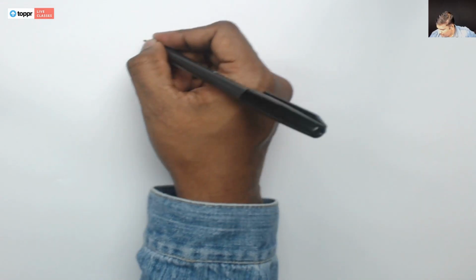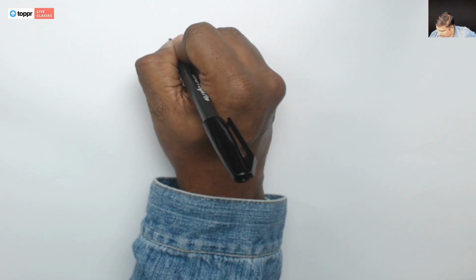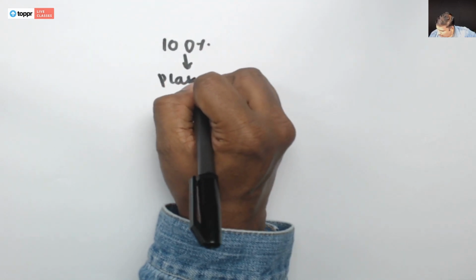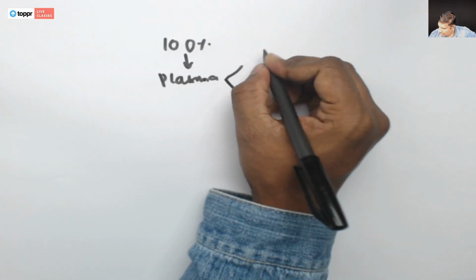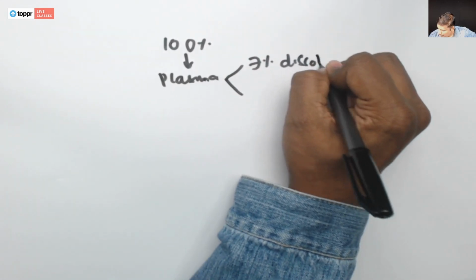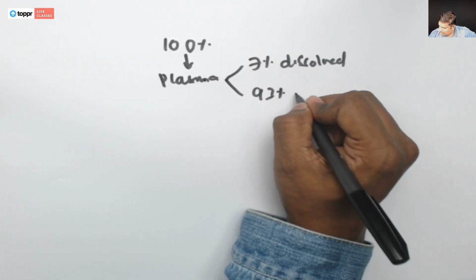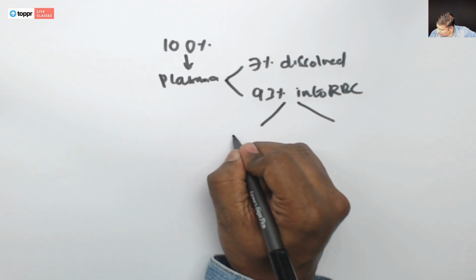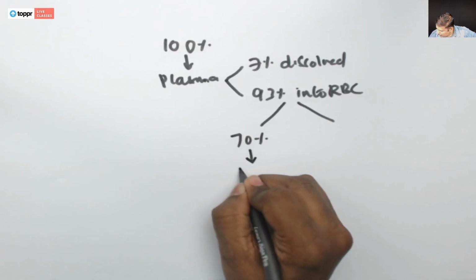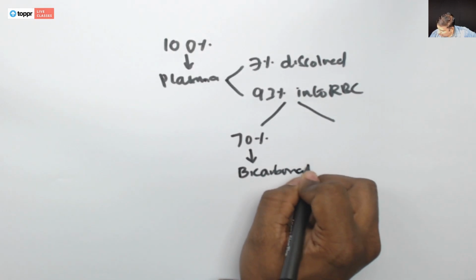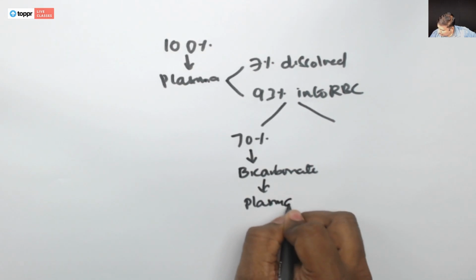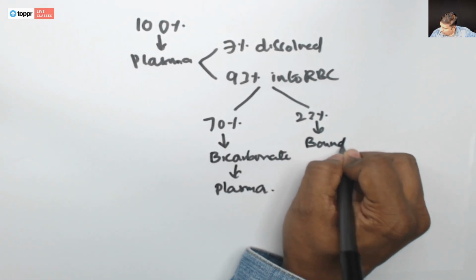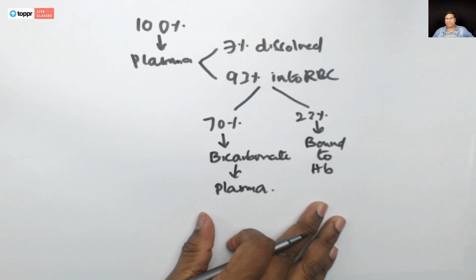So just to give you a quick summary of carbon dioxide. You have 100% of carbon dioxide entering the plasma, and in the plasma you have 7% dissolved, right? 93% goes into the RBC. In this 93%, 70% is converted to bicarbonate and released into plasma, and 23% remains bound to hemoglobin.